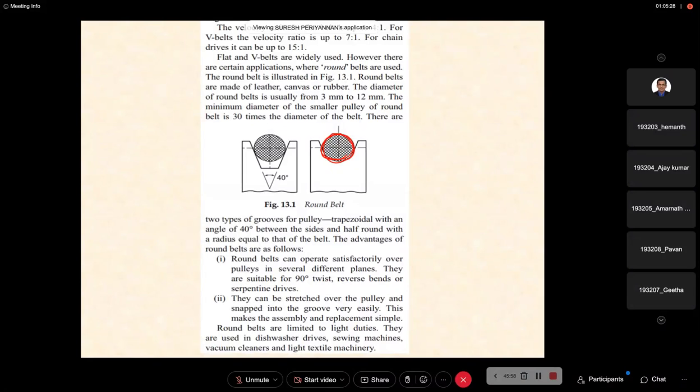The round belt is usually 3 mm to 12 mm in diameter. The minimum diameter of the smaller pulley for a round belt is 30 times the diameter of the belt, at least 30 times the diameter of our rope.